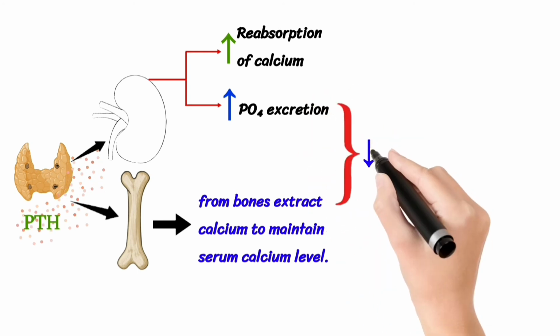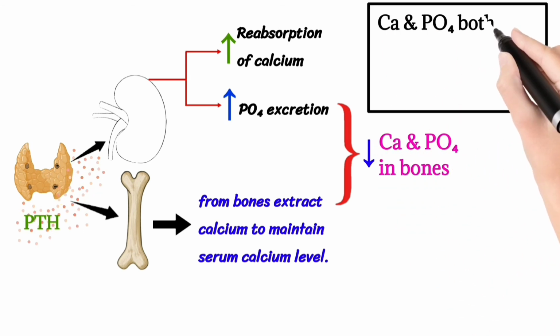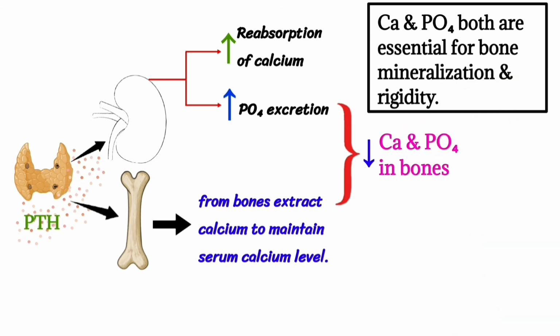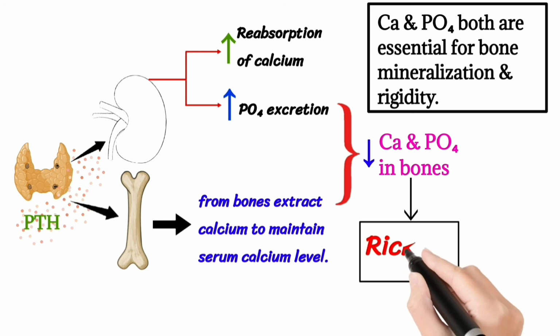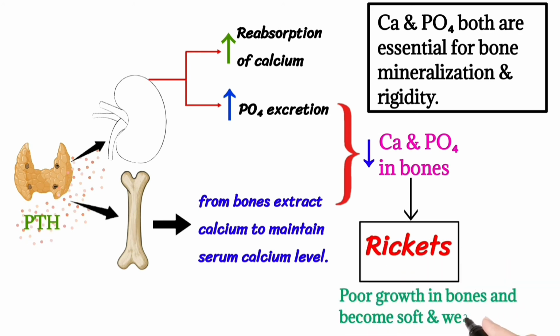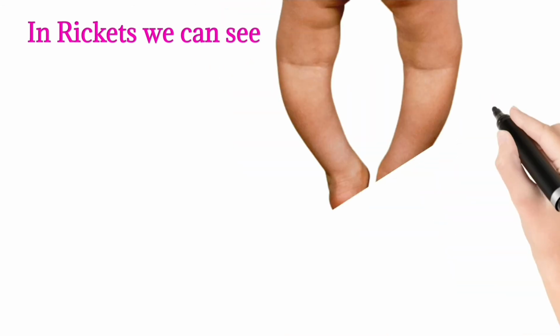So it will lead to decreased calcium and phosphate in bones. Calcium and phosphate are both essential for bone mineralization and rigidity. If there is decreased calcium and phosphate in bones, it can lead to rickets, which is poor growth in bones, and bones become soft and weak. In rickets, we see a child with bow legs.